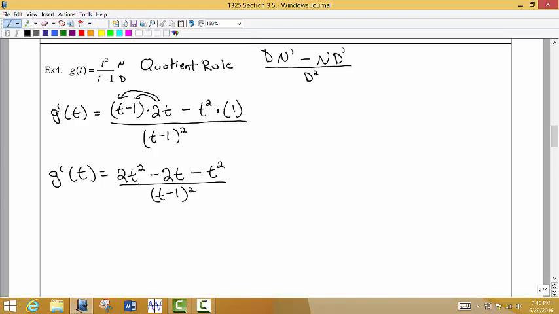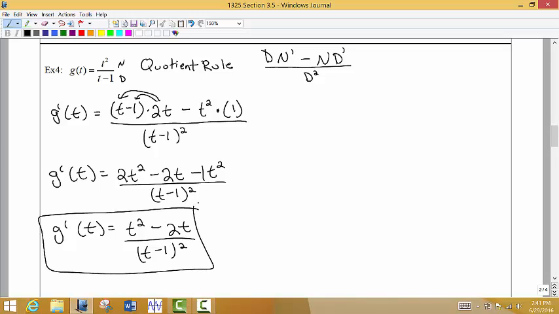Now I'm going to combine my like terms. I have t squared and I have minus t squared. 2t squared minus 1t squared is just positive 1t squared minus 2t, all over t minus 1 squared. So here's my first derivative, and this is the simplified version, which is really nice because it makes finding the second derivative a whole lot easier.